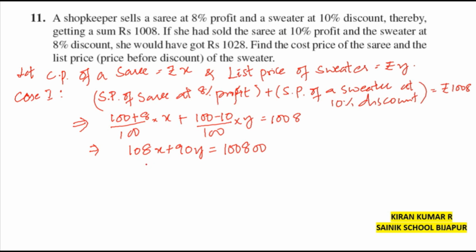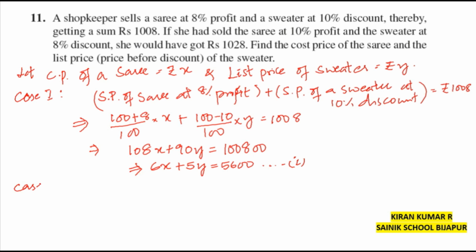So the equation is simplified as 6x plus 5y equal to 5600. This 100800, when it is divided by 18, we'll be getting this. Let me call this equation 1. This is our case 1.